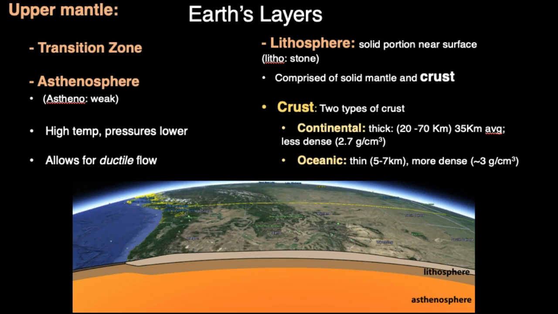So it always tends to float, if you would, on top of oceanic crust when these two meet. They have fairly different chemical compositions, which is what makes them one denser than the other. The continental crust averages about 35 kilometers in thickness, and the oceanic one averages only about 6 kilometers in thickness or so.